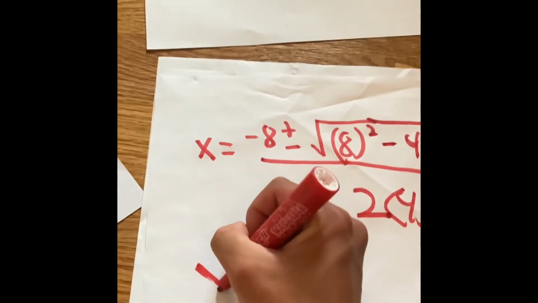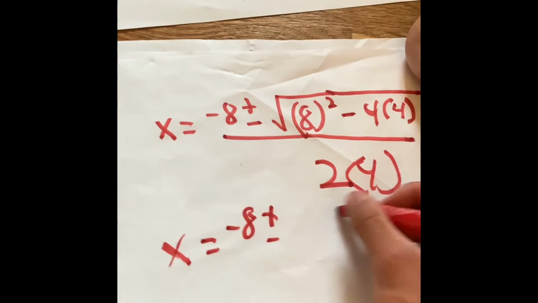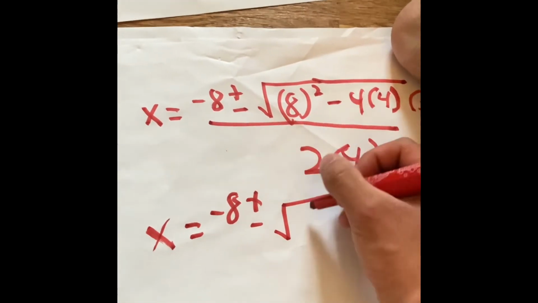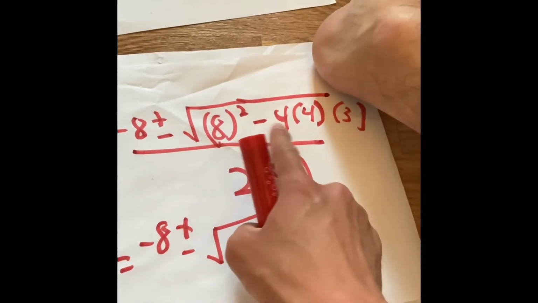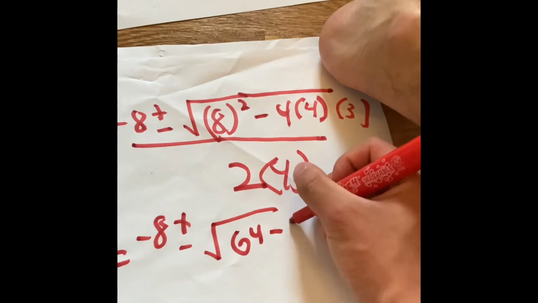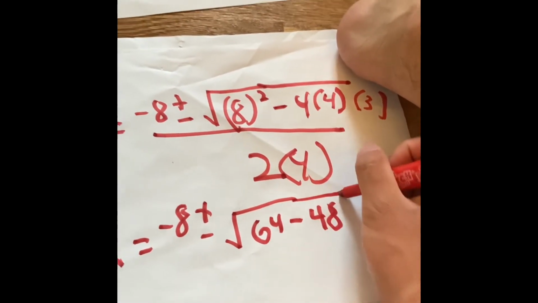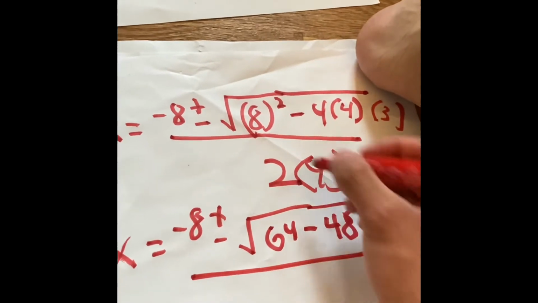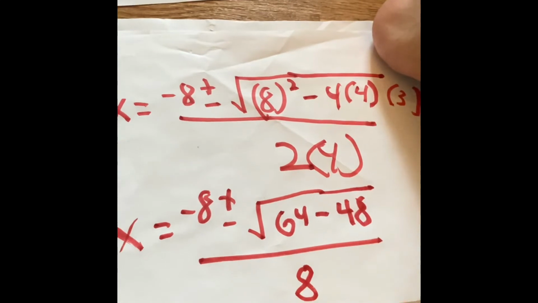So we have x equals negative 8 plus or minus the square root of 8 squared, which is 64, minus, negative 4 times 4 is negative 16, times 3 is 48, so minus 48. Divide everything by 2 times 4, which is 8. We can actually simplify it again.